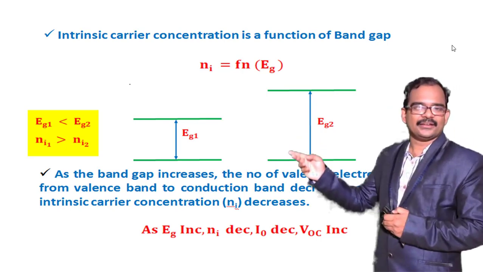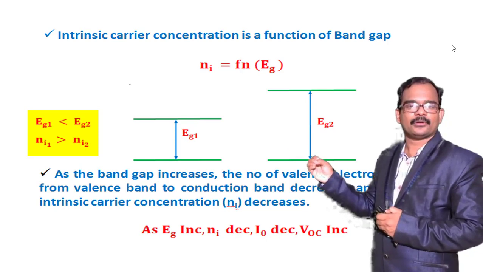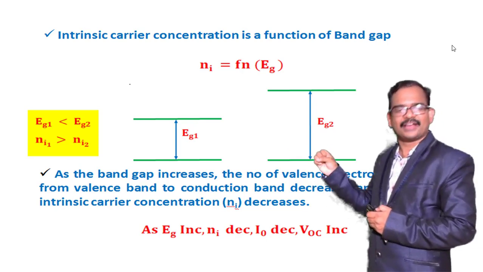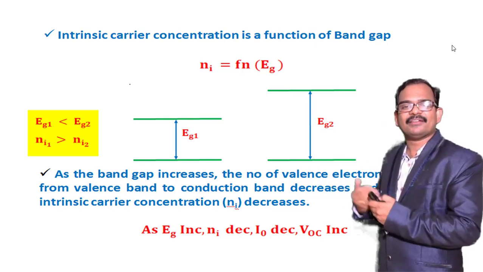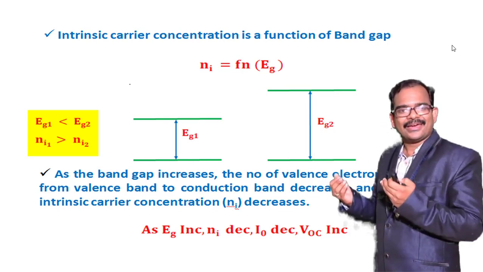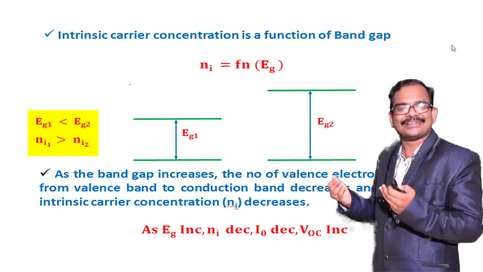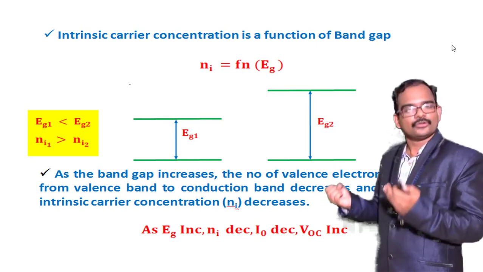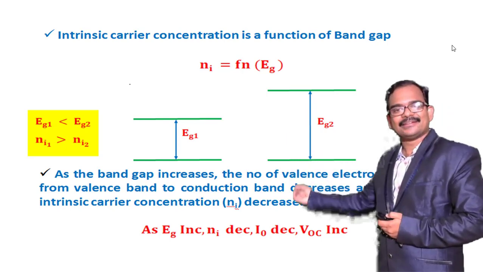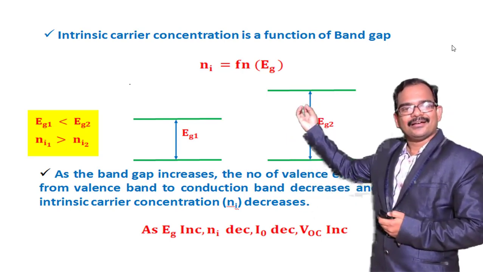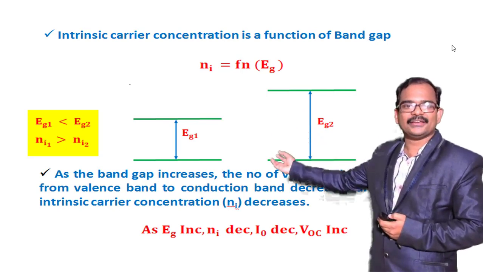Now, the first material, which has a low band gap, absorbs a higher number of photons, and thereby the electron hole pairs generated will be very, very high. These electron hole pairs generated are nothing but the intrinsic carrier concentration. Thereby, as the band gap is less, the intrinsic carrier concentration is high in the case of material 1.